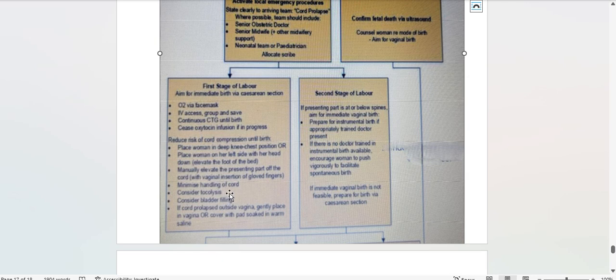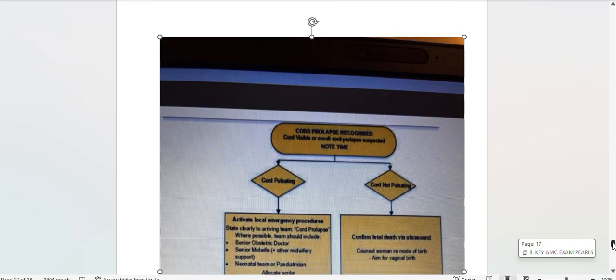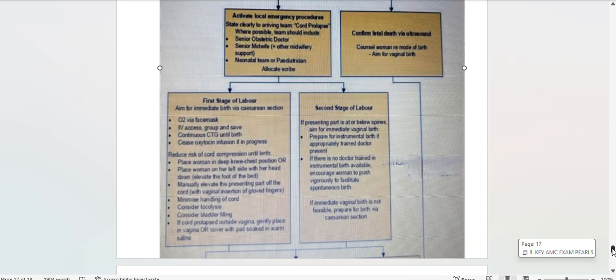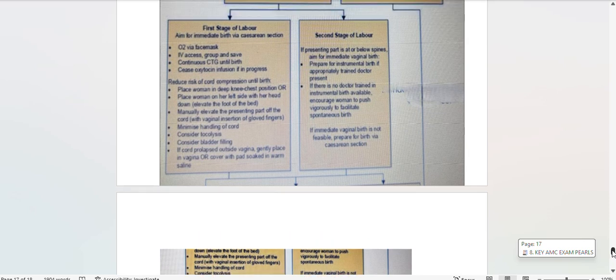As per this chart, first we give the tocolysis and then consider bladder filling, right?